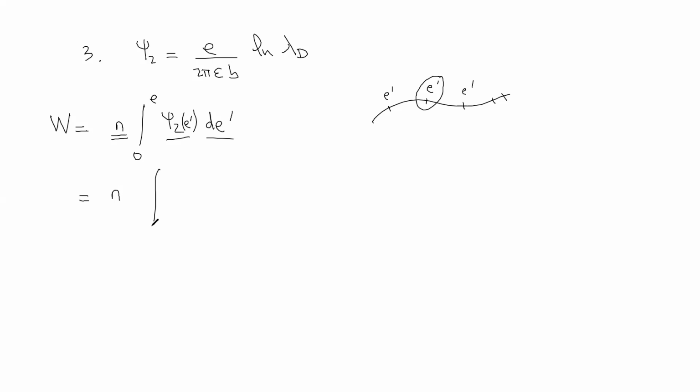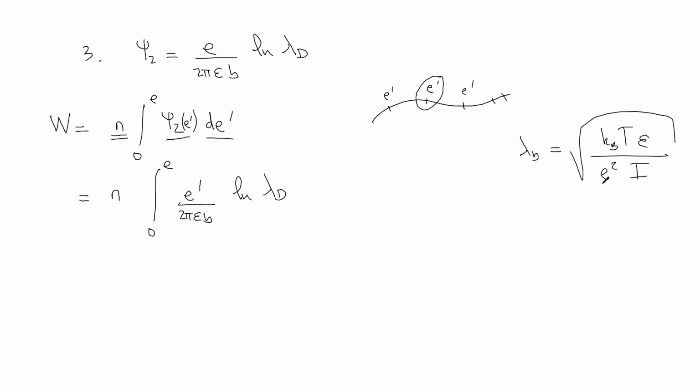So it's N0 E E prime over 2 pi epsilon b times log lambda D. An important aspect here is that E prime is really the chain charge, whereas in lambda D, remember lambda D is the square root of kBT epsilon over E squared times the ionic strength, this is the charge of the counter-ions. So it's not the same. We don't consider this E as an E prime, so it's not integrated.